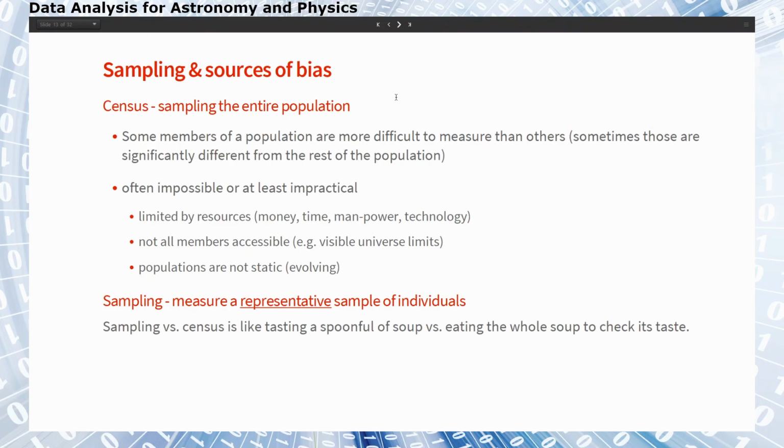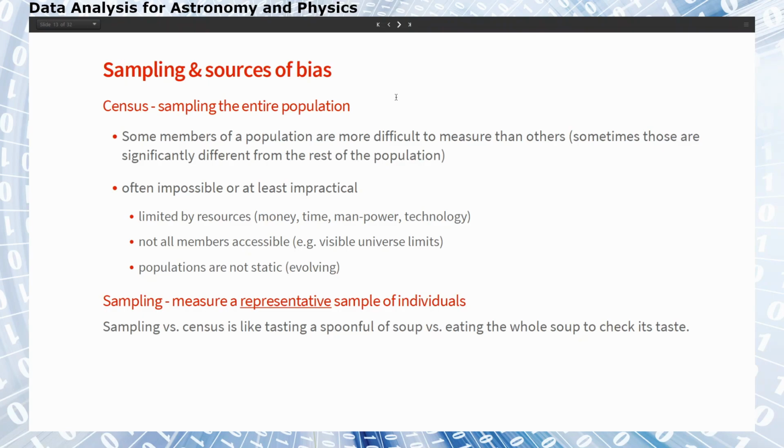This can be either because our resources are limited, so we might have only a limited time to perform the study, or manpower, money, and so on, or technology, which is usually the limiting factor in astronomical studies. It might be that not all members are accessible, for example in astronomy, because of physical limitations.